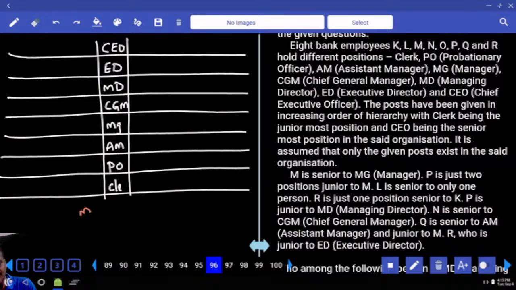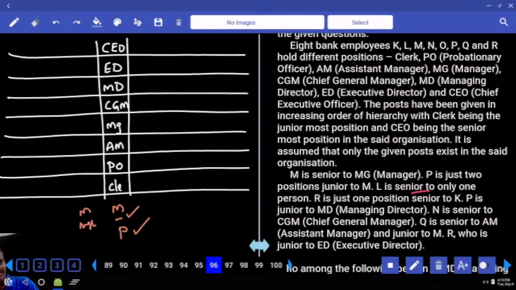Now between M and P, how many persons? There must be exactly 1 person in between. 1 position junior, 2 positions junior. Second position, clear? And in between these two, there is exactly 1 person.